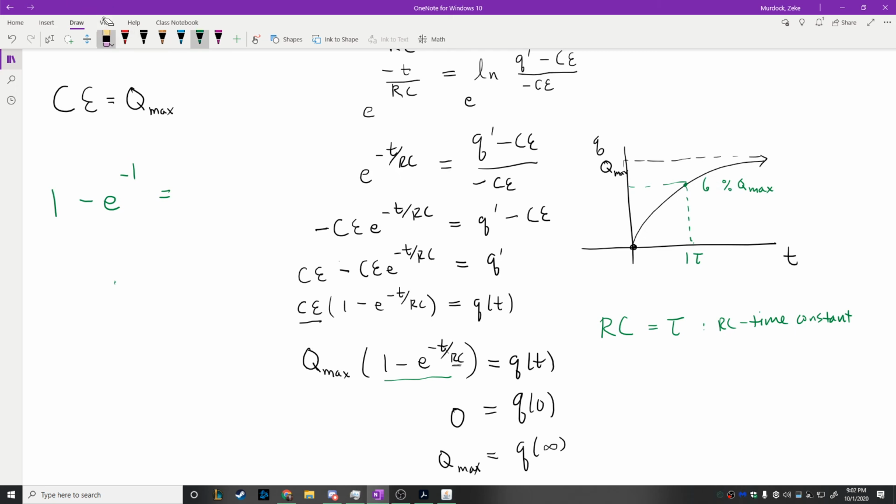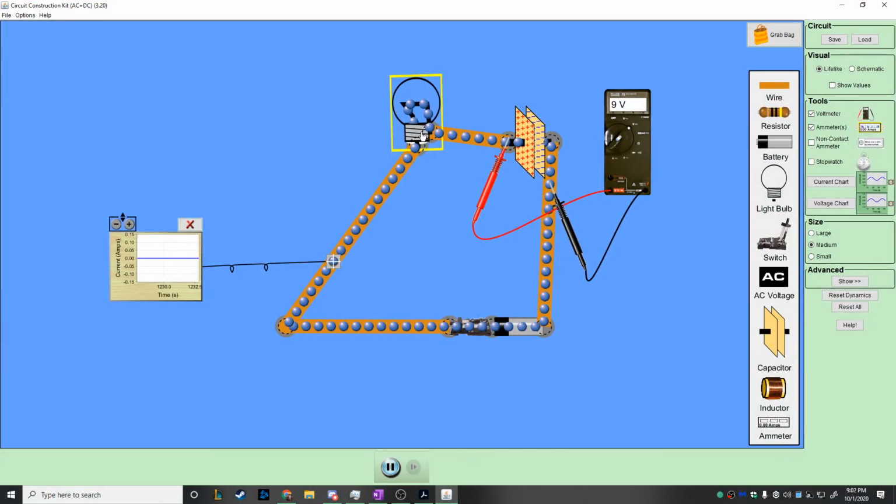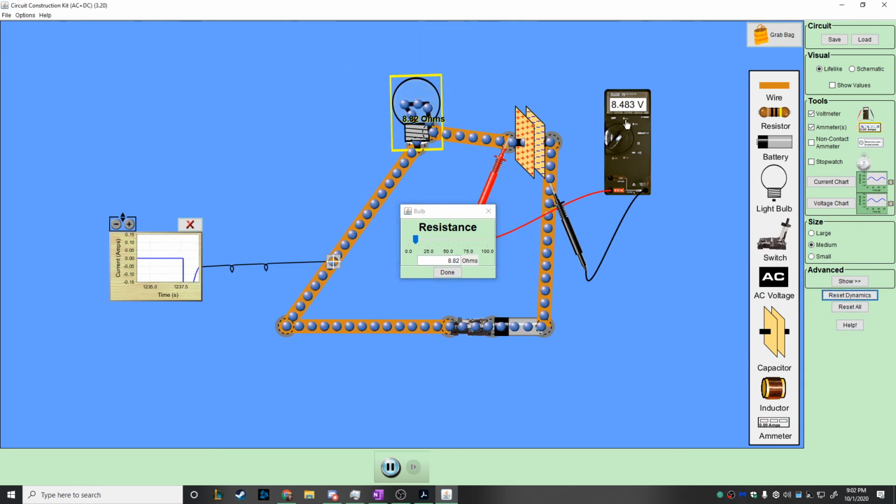So it's a pretty good way of getting a feeling for how long it takes for your circuit to charge up. And that's why when we were looking at the diagram, when we reduce the resistance down to a really small value, it charges up super fast, right?